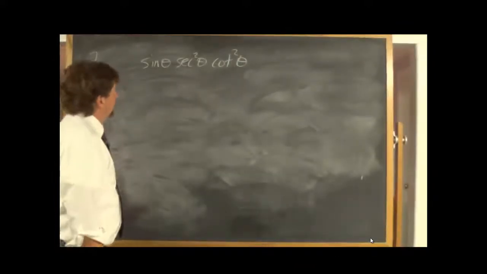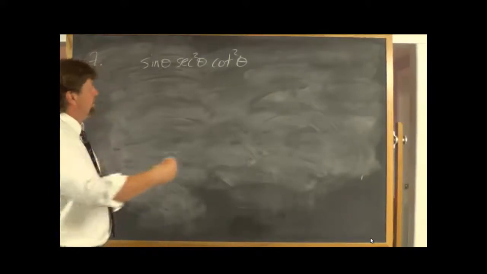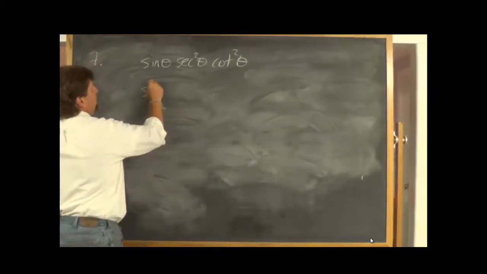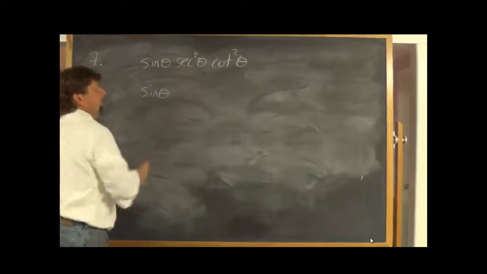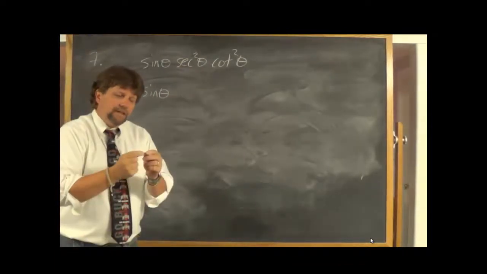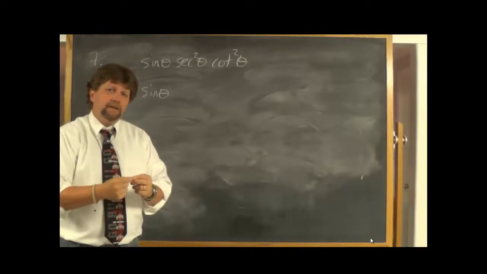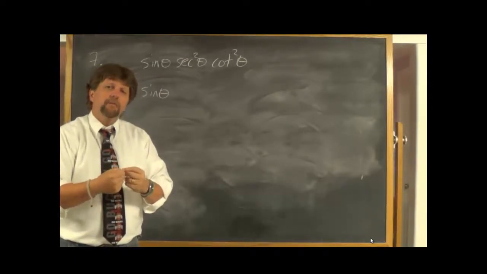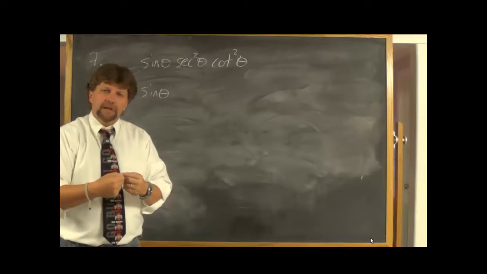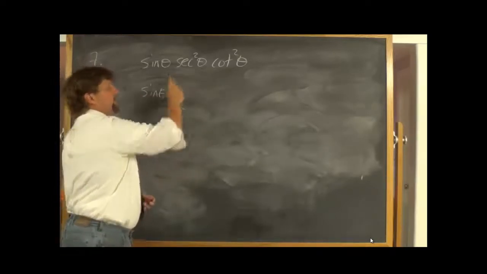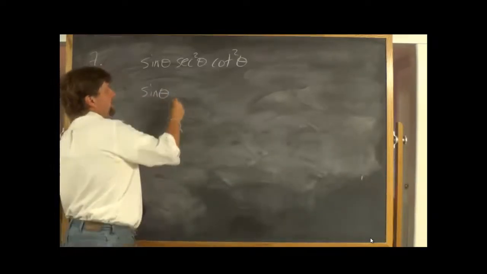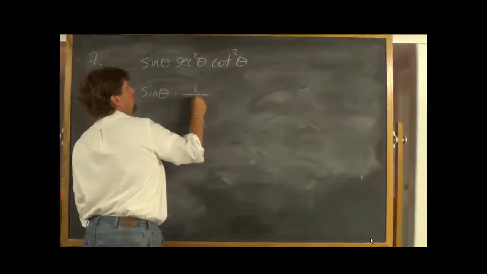Now for me, the way I would attack this one is kind of straightforward. I start off with secant squared theta. Since I know secant is the reciprocal of cosine, secant squared will be the reciprocal of cosine squared. So I can rewrite secant squared as 1 over cosine squared theta.